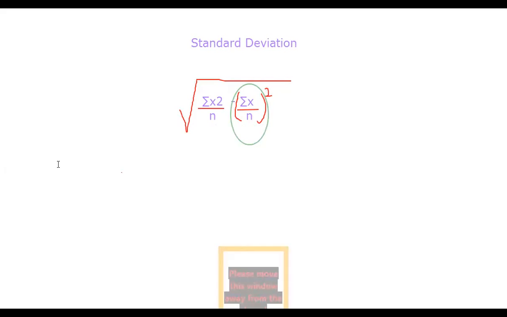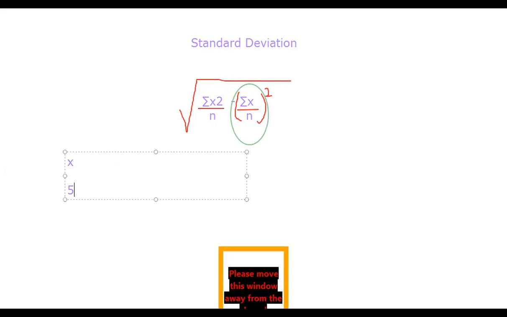Here in the individual series we get only one variable, x. They are given 5, 10, 25, 30, 50. This is our x.